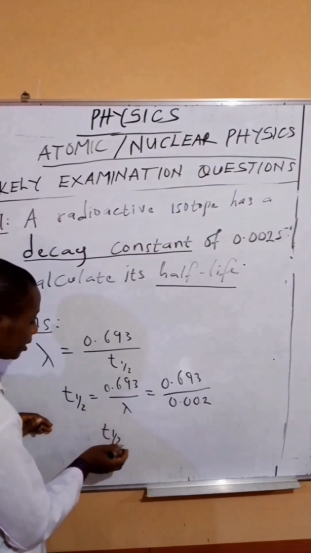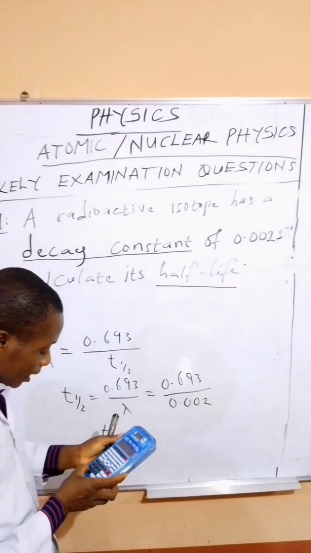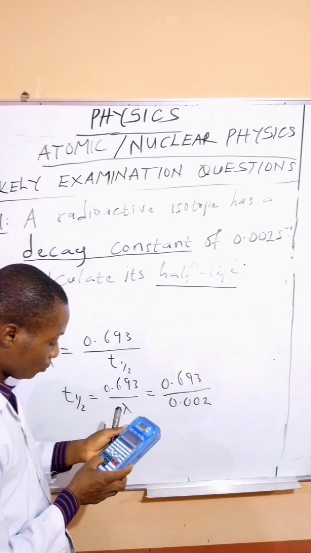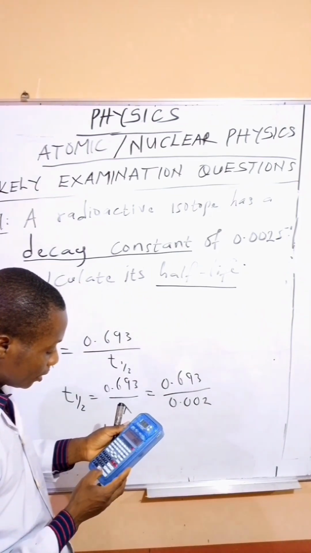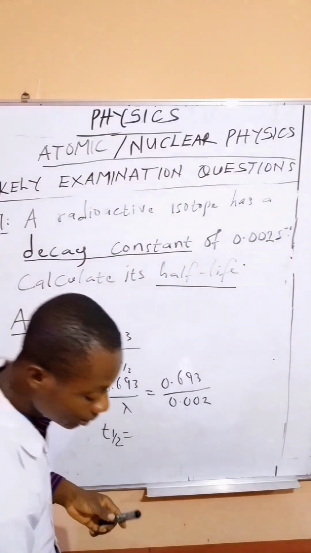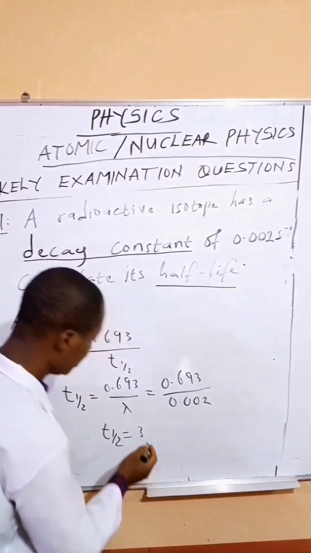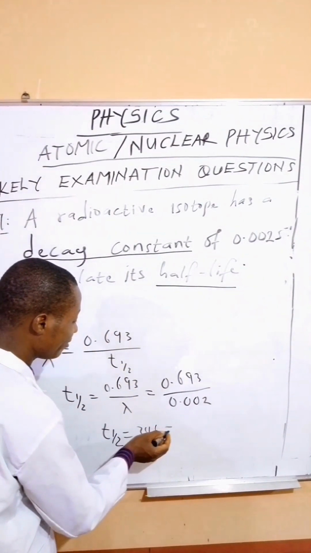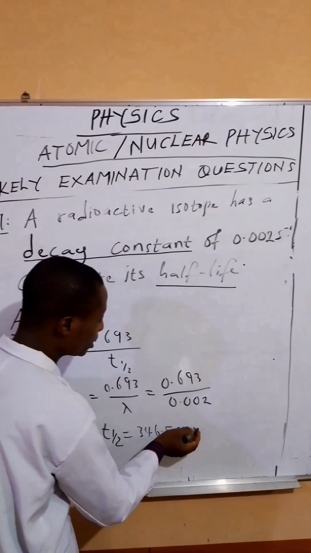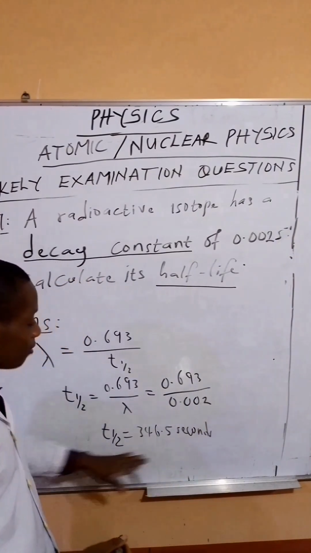That gives T half equal to 0.693 divided by 0.002, which gives us 346.5 seconds. Please don't forget, because the decay constant is per second, your half-life will be in seconds.